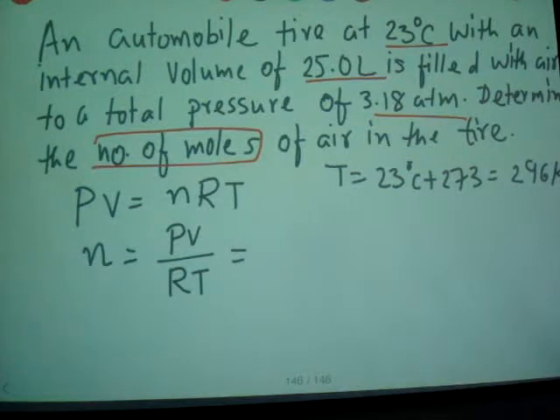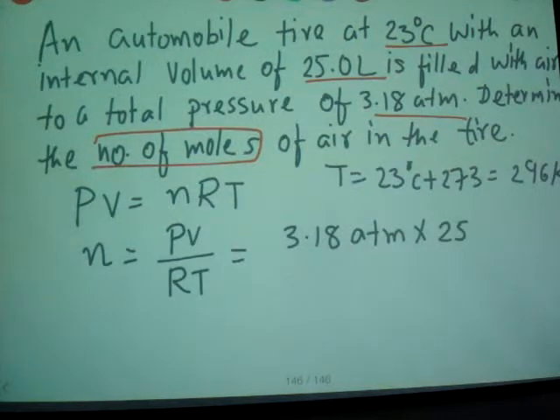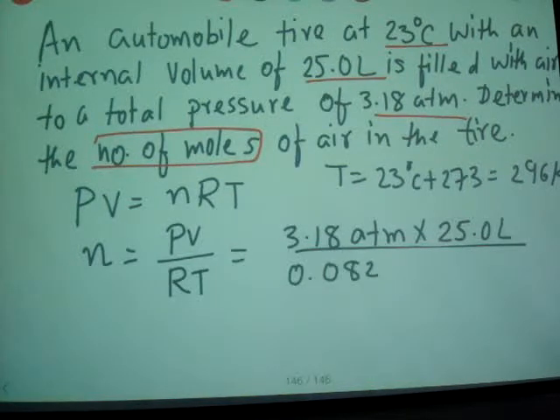Now plug it in here. So you have 3.18 atmospheres, volume is 25 liters, R is 0.082, and the temperature is 296 Kelvin. We are trying to solve for the number of moles of gas.